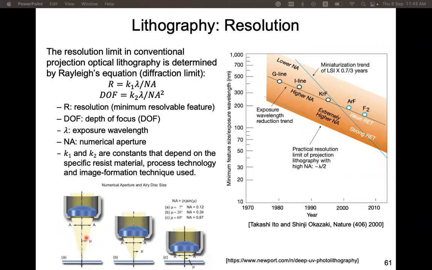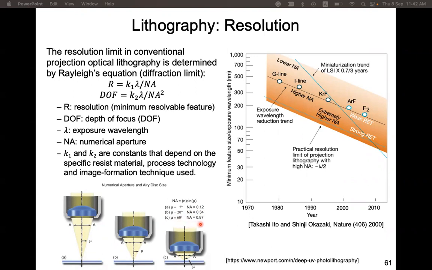So for example here, this light has a numerical aperture of 0.12 when the angle here is 7 degrees. This light cone half angle is 7 degrees, and the numerical aperture is 0.12. And for this one, the light cone angle is 60 degrees, and the numerical aperture is 0.87.